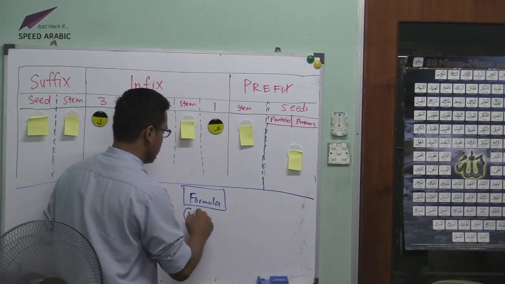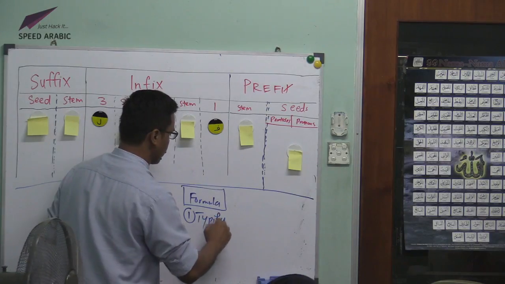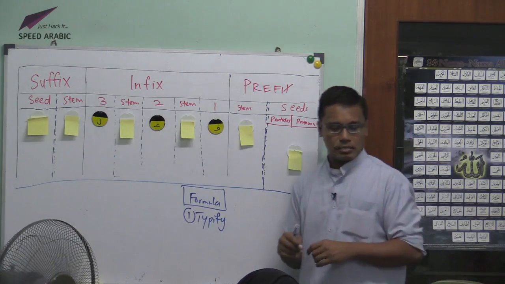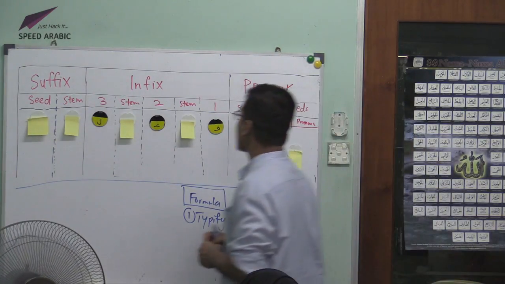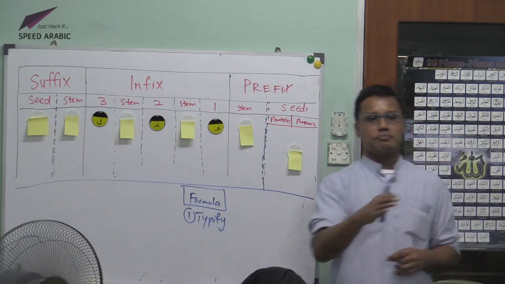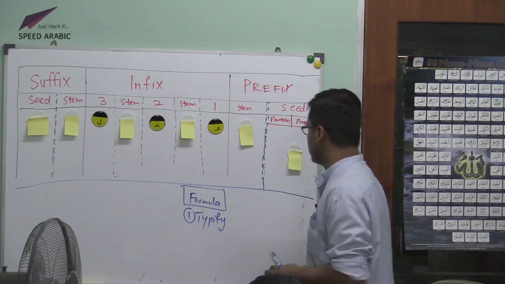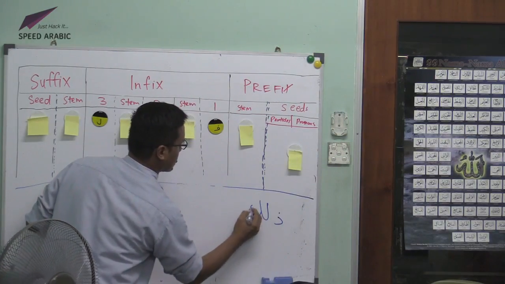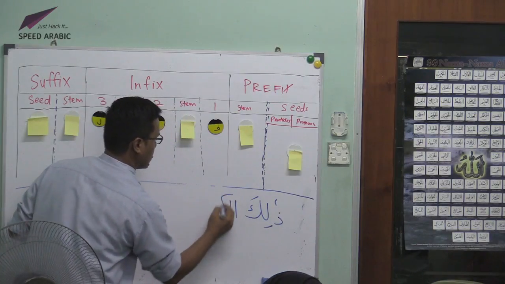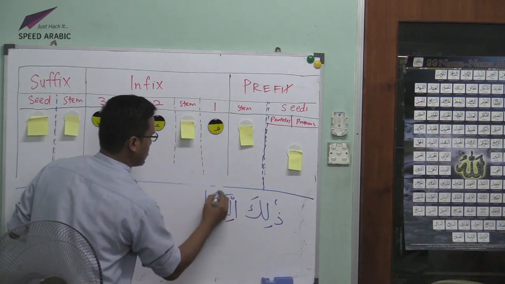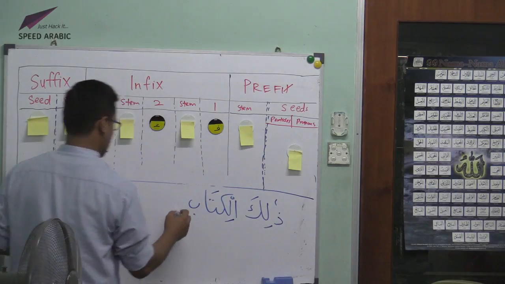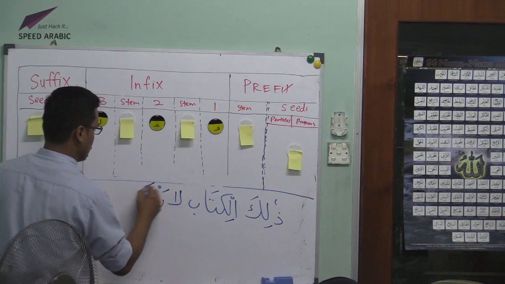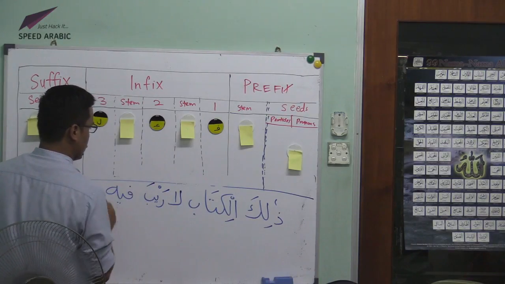Step 1 is for you to typify. This one you have the paper with you; later, if you don't have, I will give you. So we start with the first word. Maybe I will just write it: Dhalika, Kitabu, La Raiba Fihi.